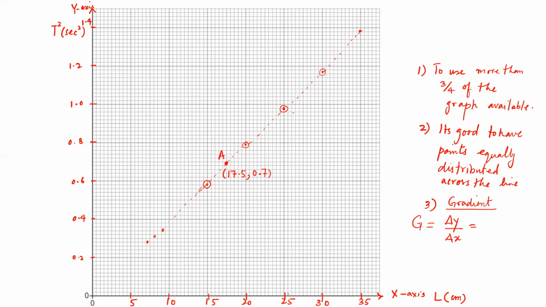Okay, and then I select some point somewhere here. On the x-axis, it comes out to be say 32.5, and on the y-axis it comes out to be 1.29, say 1.3, you may call it.